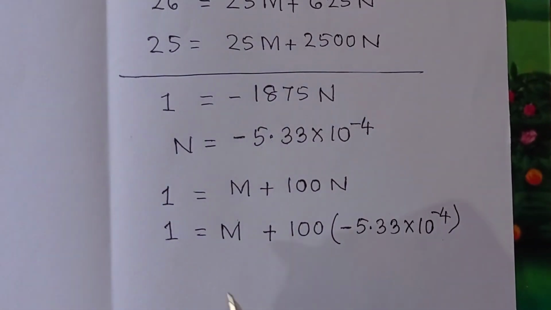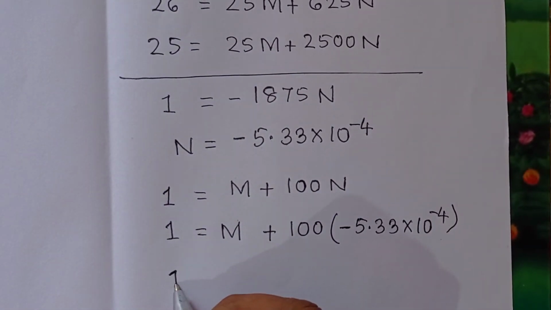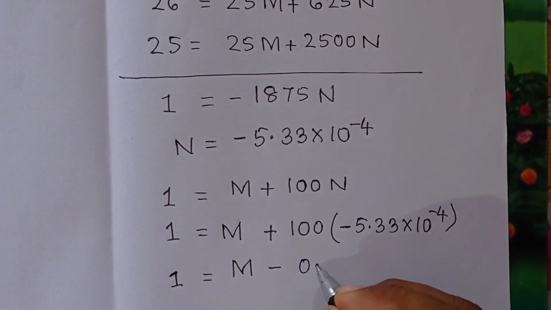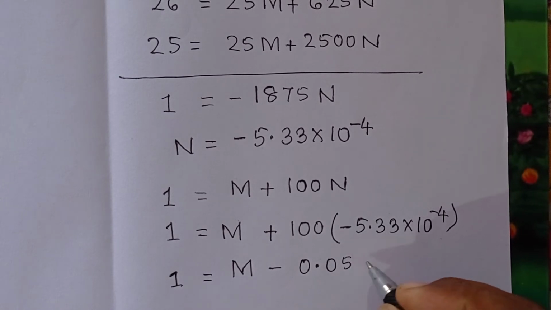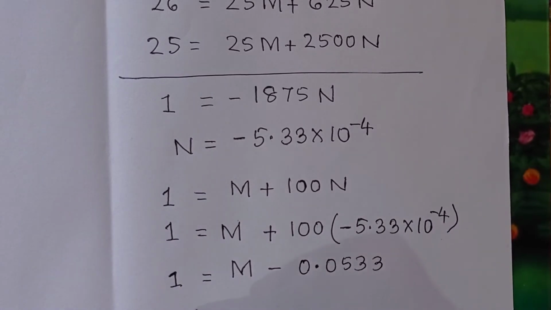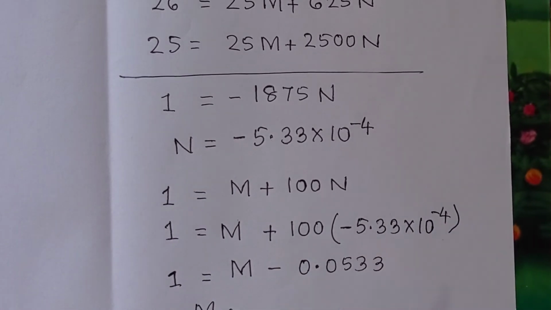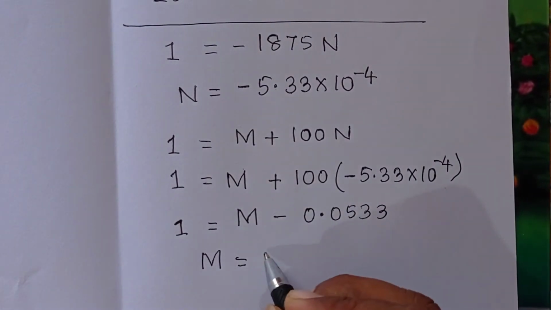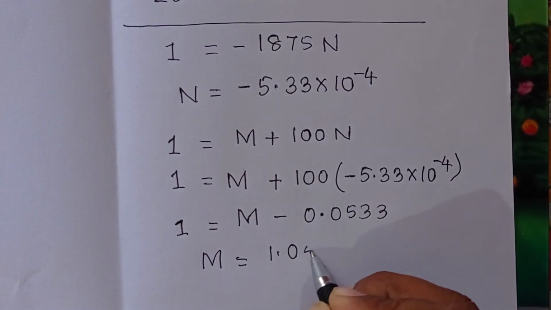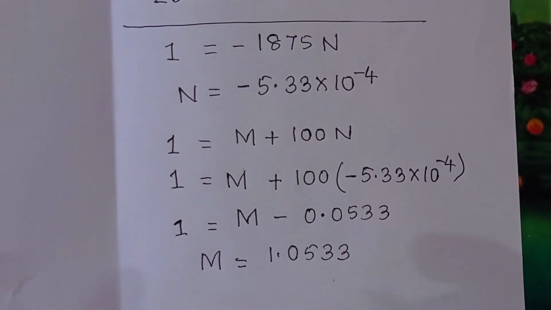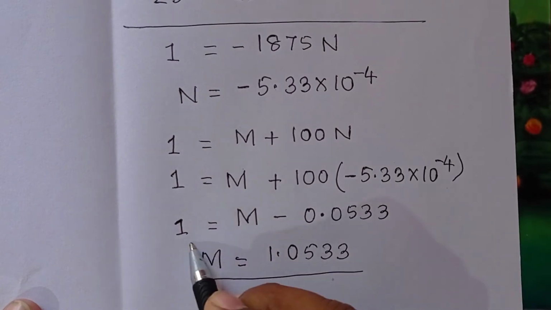So if I substitute the value, I get 1 is equal to m minus 0.0533. Upon solving, the other term will go to the other side, so I will get m will be equal to 1.0533. So now I got the value of m, I have got the value of n.